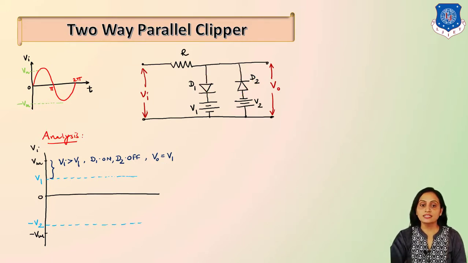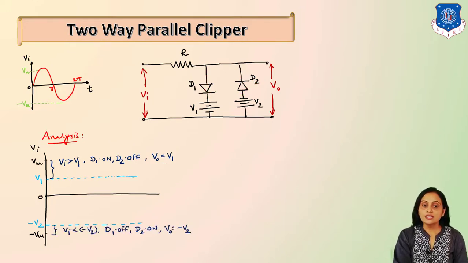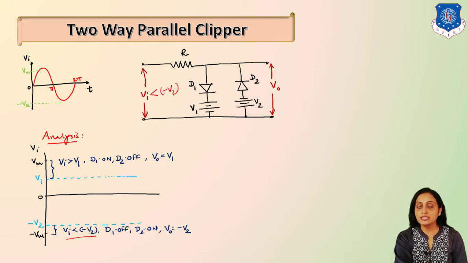Now let us consider the second case. Here we are considering that the input voltage is less than minus V2. V2 is already considered negative, so we know that the input is negative right now. Due to this negative input, diode D1 will remain reverse biased, because minus is connected towards the anode. That is why D1 is in reverse bias, or D1 is off. Now what happens to D2?